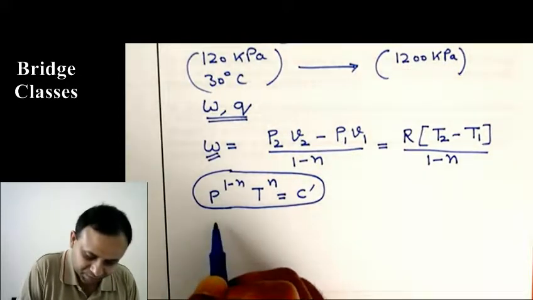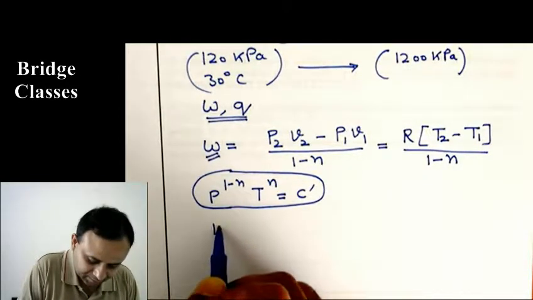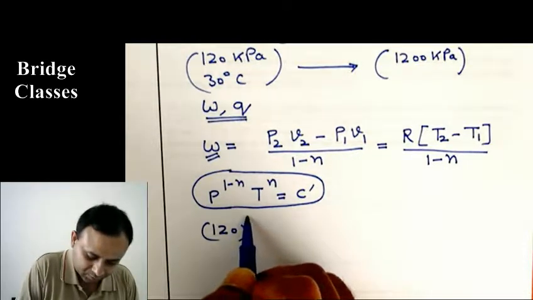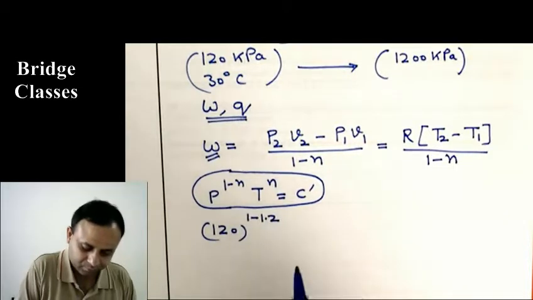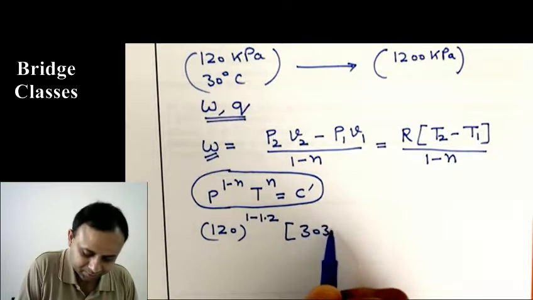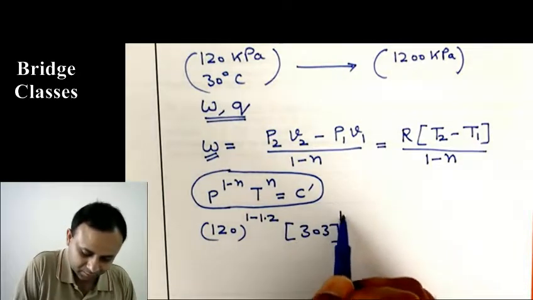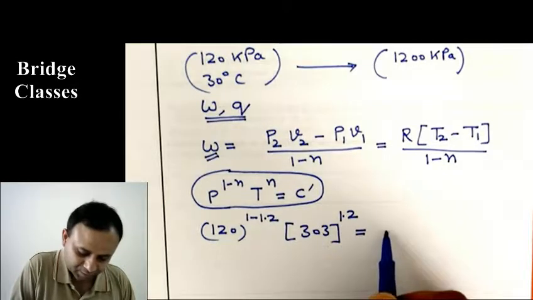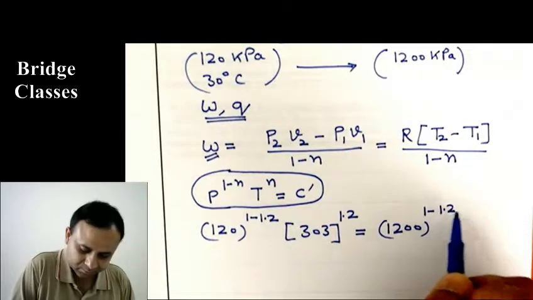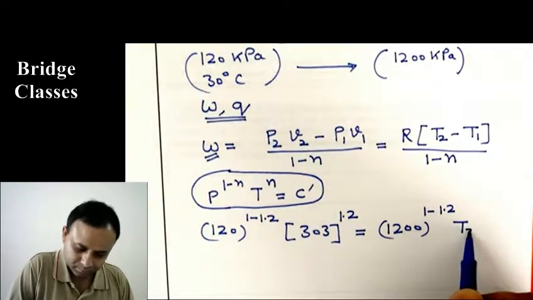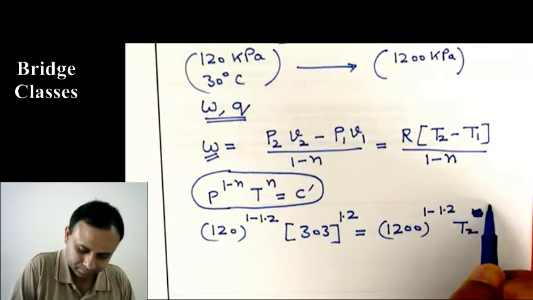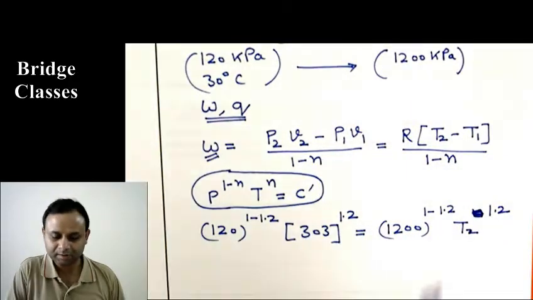So what you have is P1 to the 1 minus n, P1 is 120 kilopascal, 1 minus n, n is 1.2, times T1 to the n, T1 is 30 degrees C, that becomes 303 Kelvin, to the power n, equals P2 to the 1 minus n, 1200 to the power 1 minus n, times T2 to the power n. You can rearrange this.